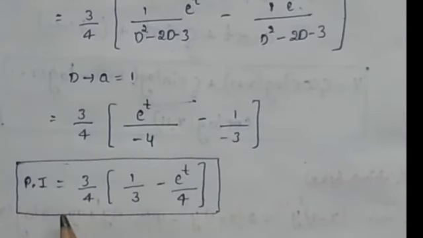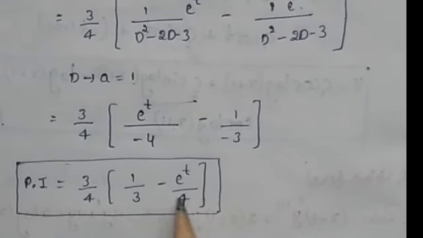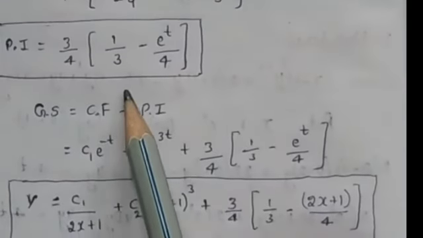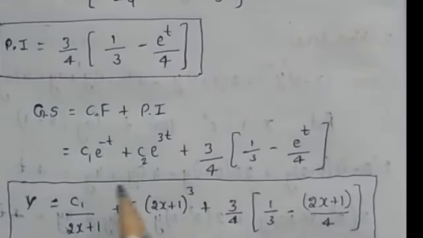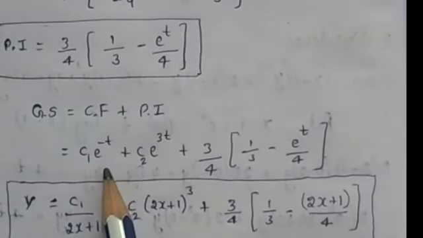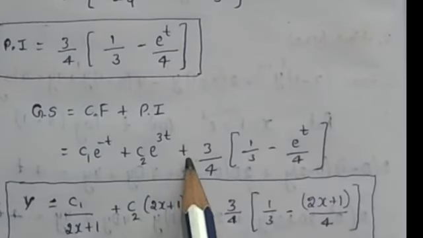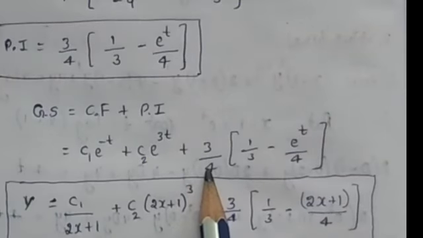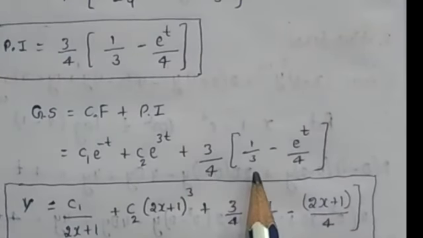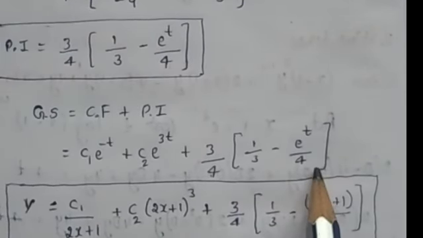Finally you get particular integral which is equal to 3 by 4 into 1 by 3 minus e power t by 4. So the general solution is equal to the complementary functions plus particular integral. Complementary function is c1 e power minus t plus c2 e power 3t plus particular integral is 3 by 4 into 1 by 3 minus e power t by 4.